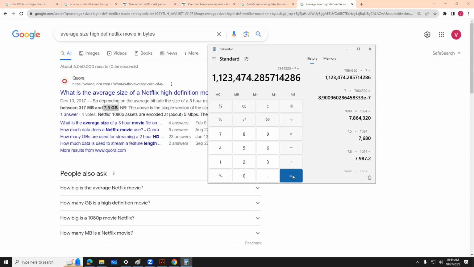Maybe Elon Musk has one, so he could download the whole thing in 1 second. The point I'm trying to make is, if you factor in the number of seconds it takes to download at a gigabit per second, I can do the math. Essentially, what we're dealing with is many orders of magnitude faster, right?